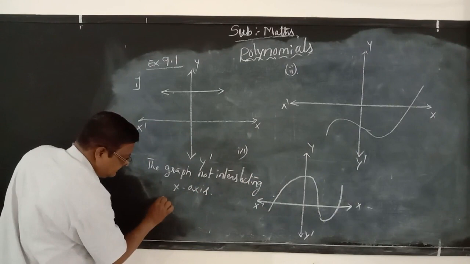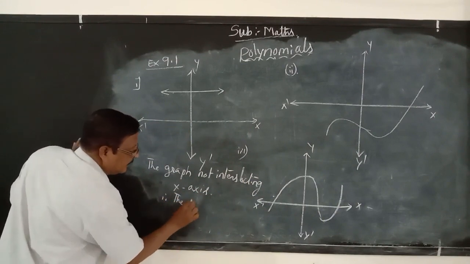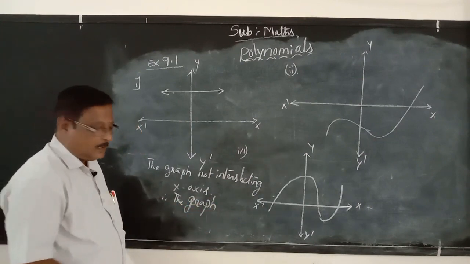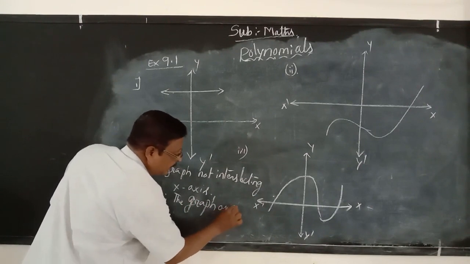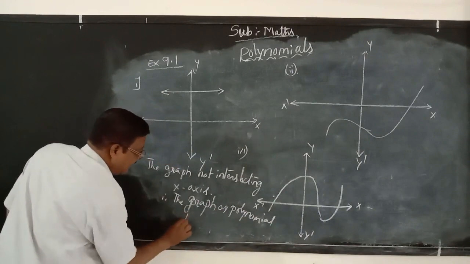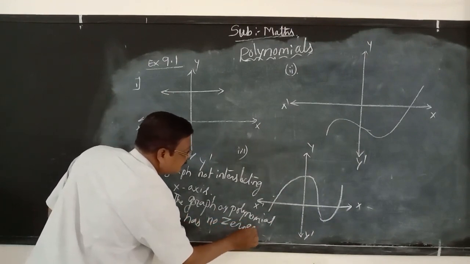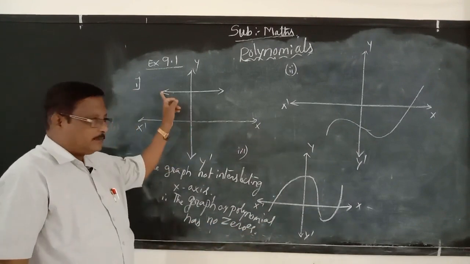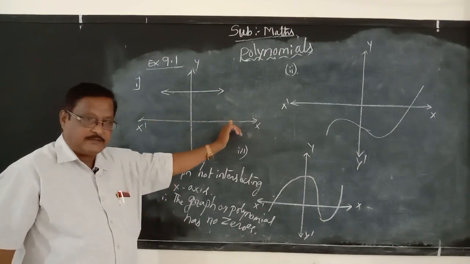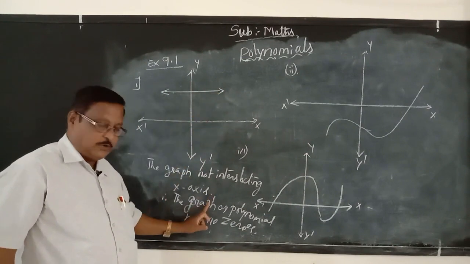It means the graph, or polynomial, has no zeros. It means here the graph does not intersect the x-axis. It means the graph or polynomial has no zeros.